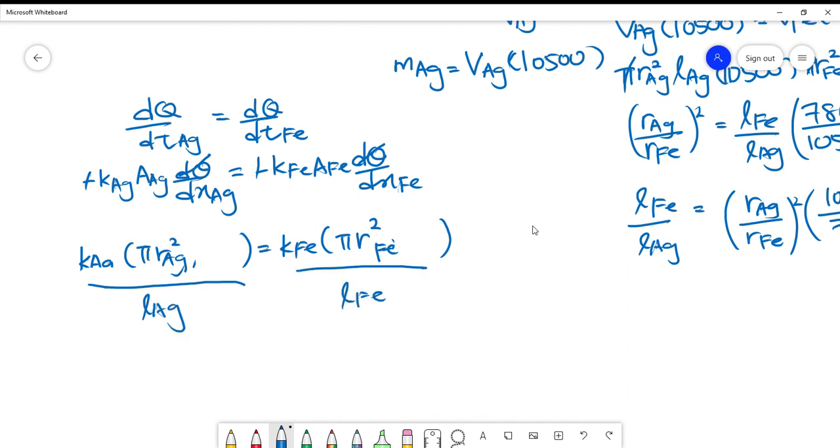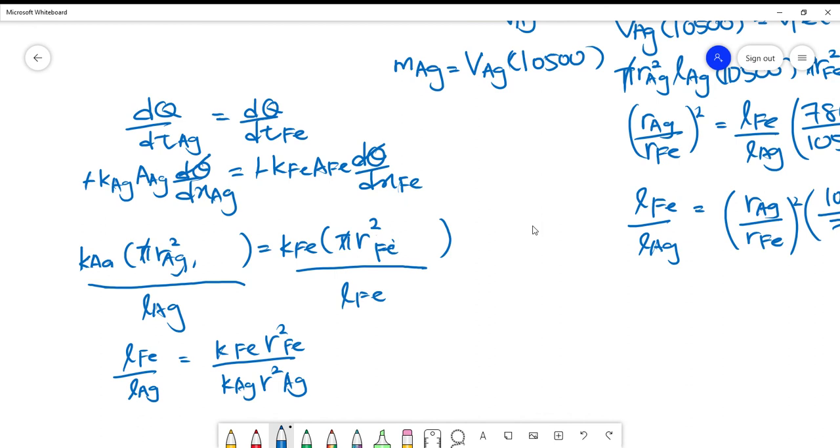So what we need to do is drag the Fe over L_Ag. So pi can be cancelled, and K_Fe R square Fe divided by K_Ag R square Ag. So this shall be our final answer.